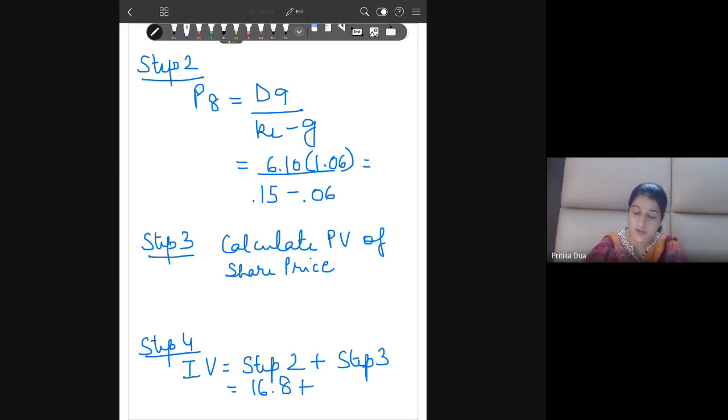So then you calculate the present value of this price. This value was 0.327.